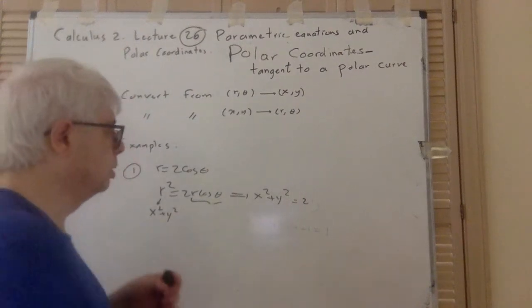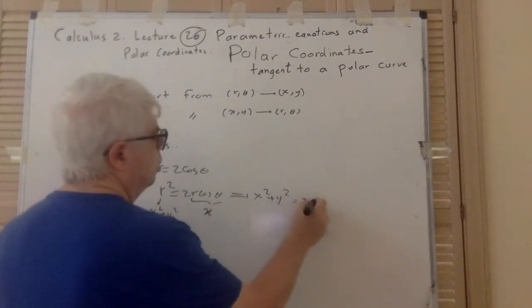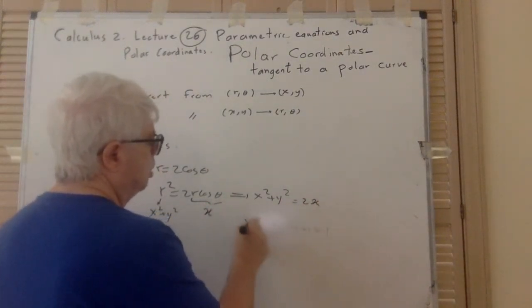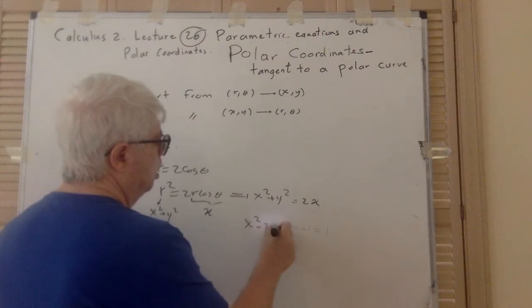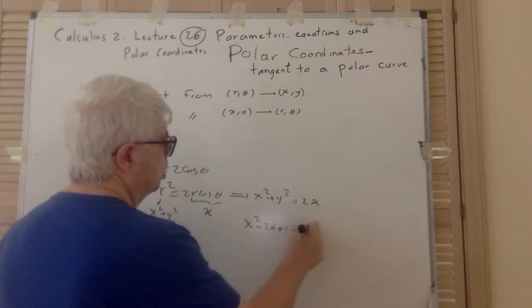So this is 2x. So I have x squared minus 2x plus 1 plus y squared equals 1, where I bring it to this side and add a 1.